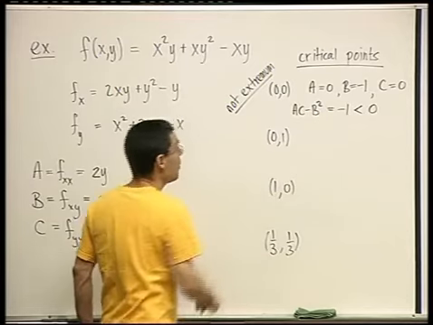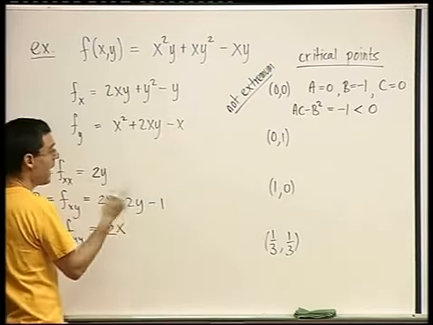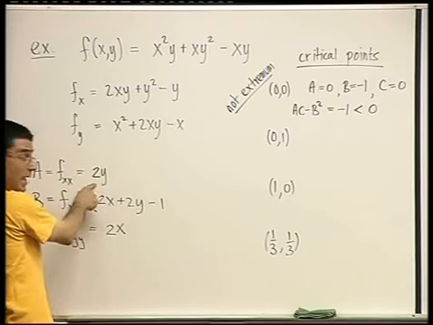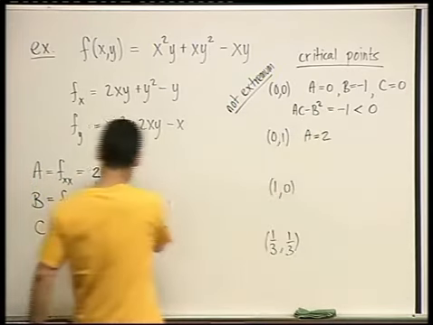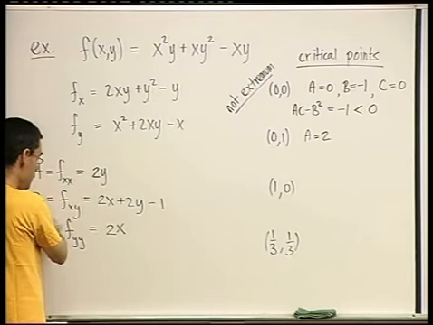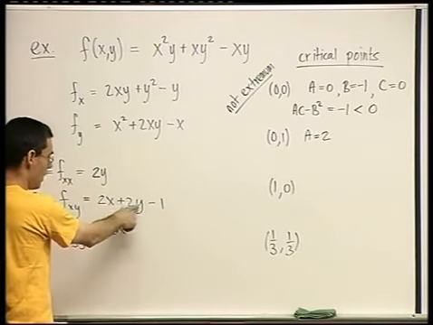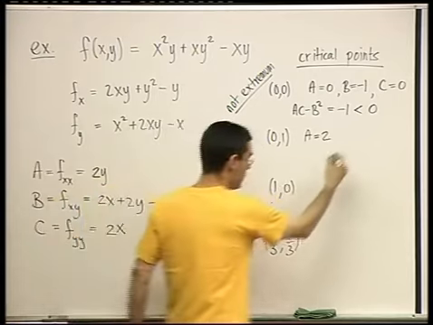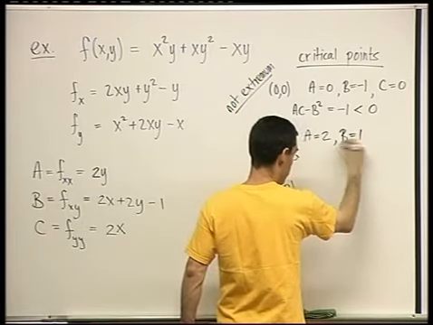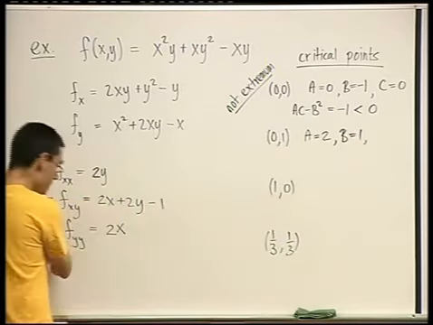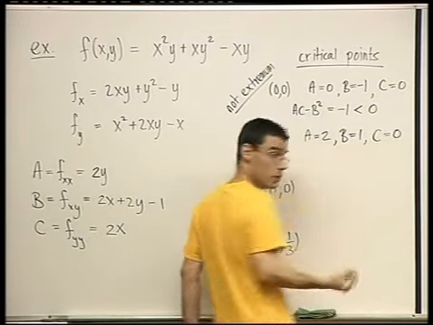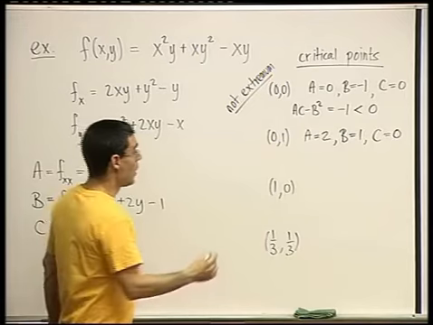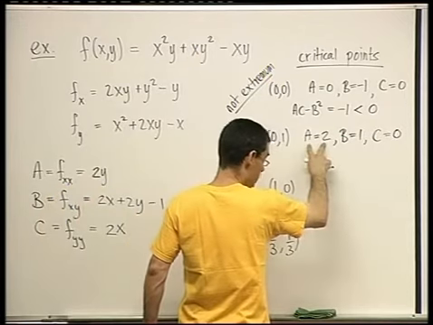Okay, what about 0, 1? At 0, 1, x is 0, y is 1. So a is 2. B is x plus y, so 0 plus 1. B is 1. And C is 2 times 0, C is 0. Good? A is positive. Note that a is positive.